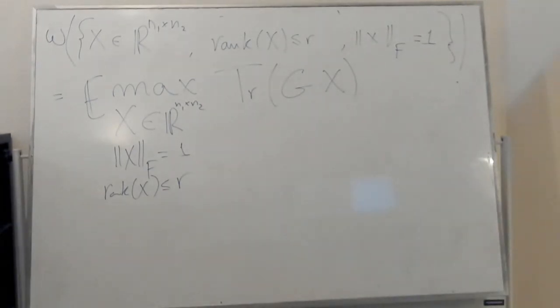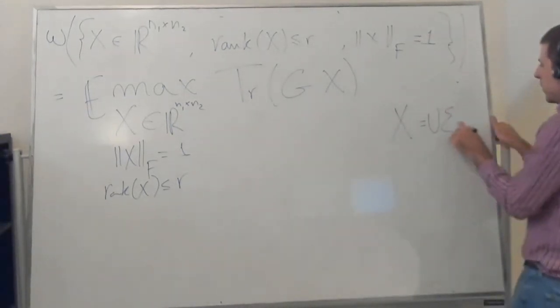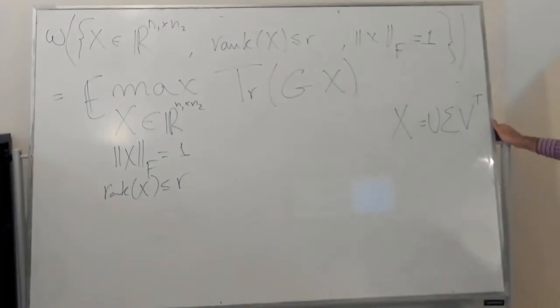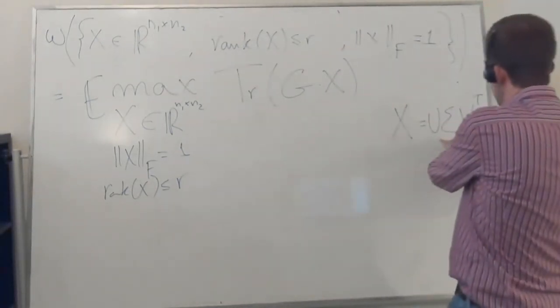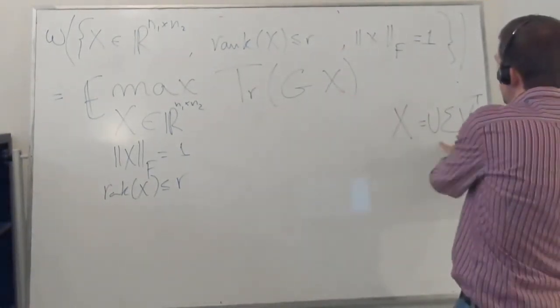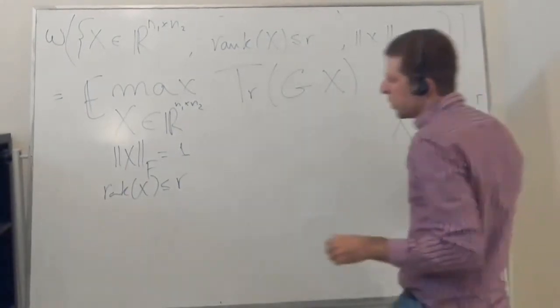So now in order to compute this, we just take the SVD of X, U sigma V transpose. Now it's not hard to see that we can just replace X by the SVD, but then we can send the V to the other side and the U to this one, right?